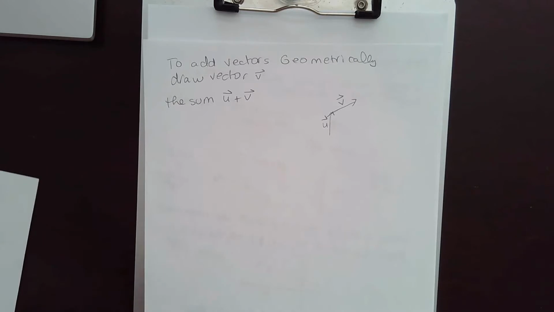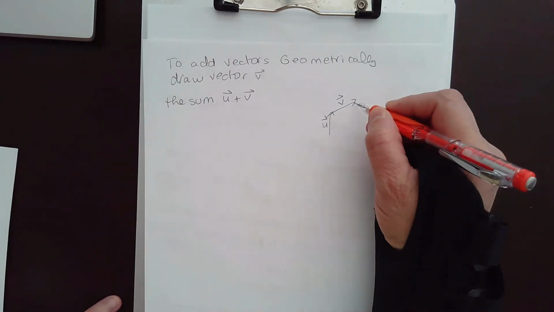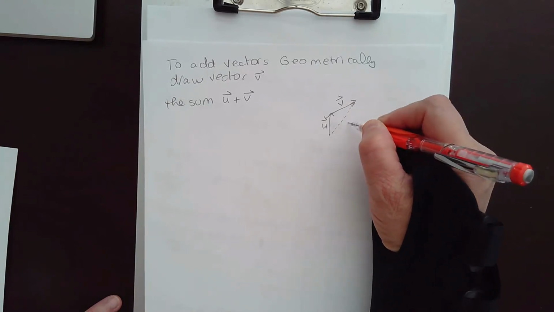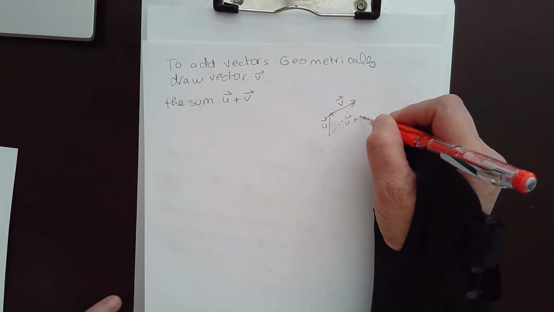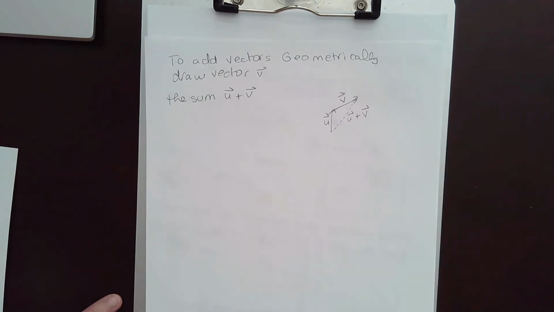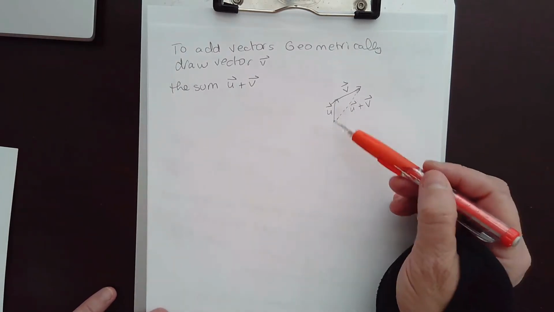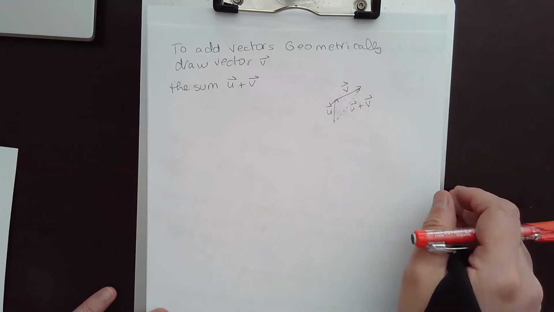Okay, so that's what we're going to be doing. So if this is U, this is V, this would be U plus V. All right. Now, I started with this to see the sum of two vectors, but they don't have to.